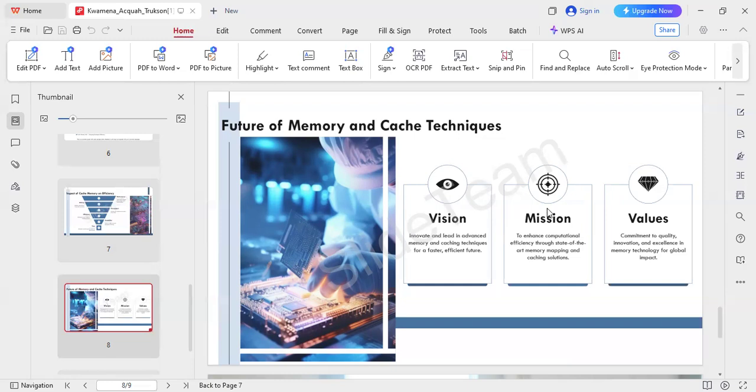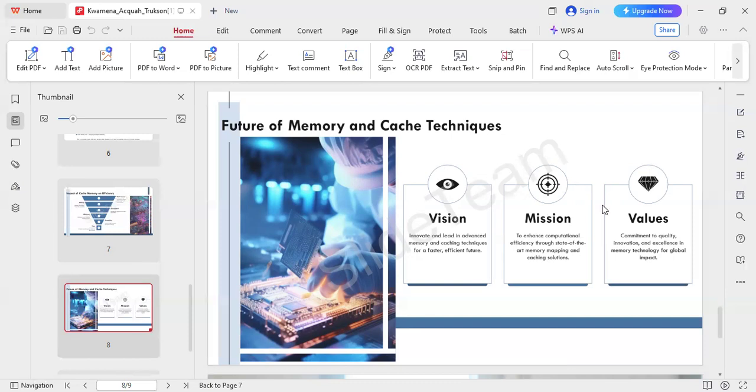Number two, we have mission, a mission for efficiency. How does it approach this? By utilizing cutting-edge memory and caching principles. Its outcome is enhanced computational efficiency.